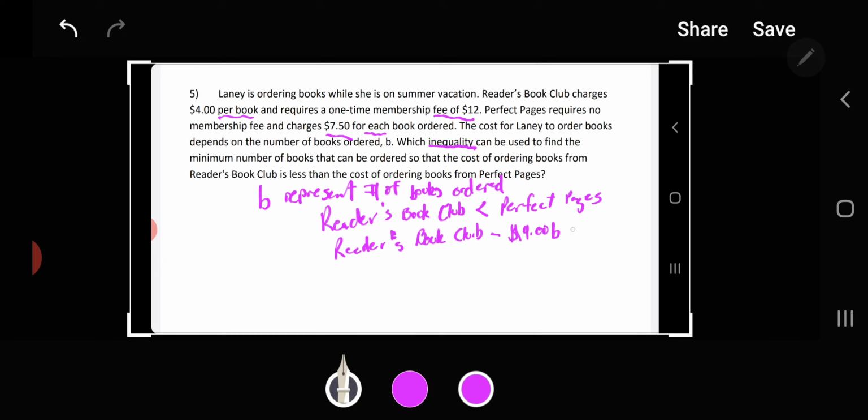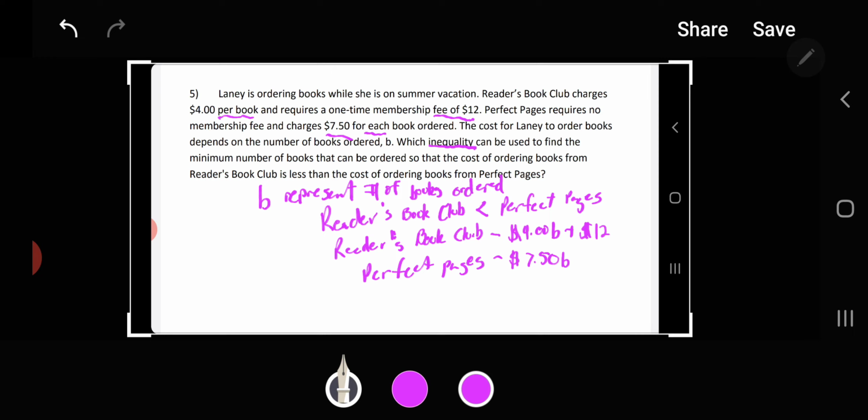Plus that one-time membership fee, plus the $12. Okay, Perfect Pages can be represented with, well, no membership fees, so $0. We don't have to write that down. But $7.50 per book. So $7.50 times the amount of books that she orders.